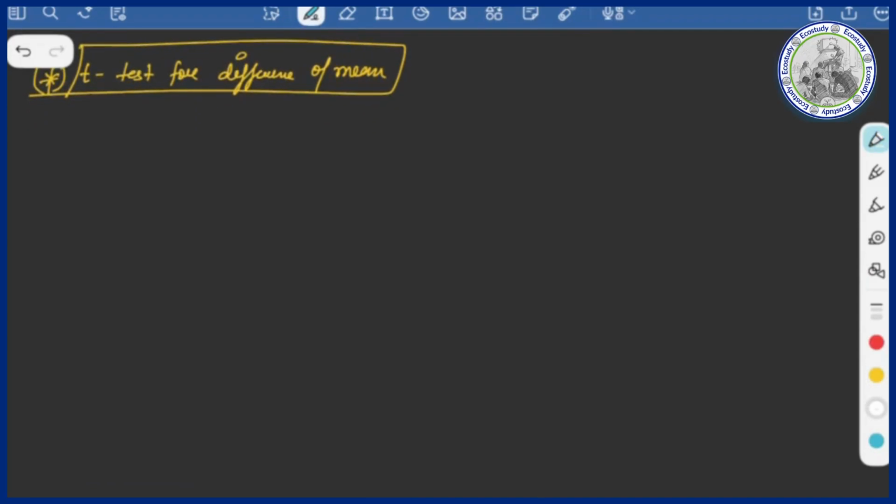Suppose we have two independent samples xi and yi of size n1 and size n2. Then, under the null hypothesis, what is it?